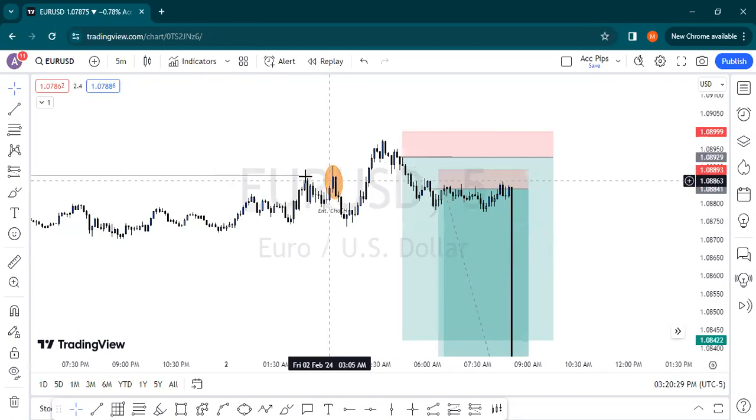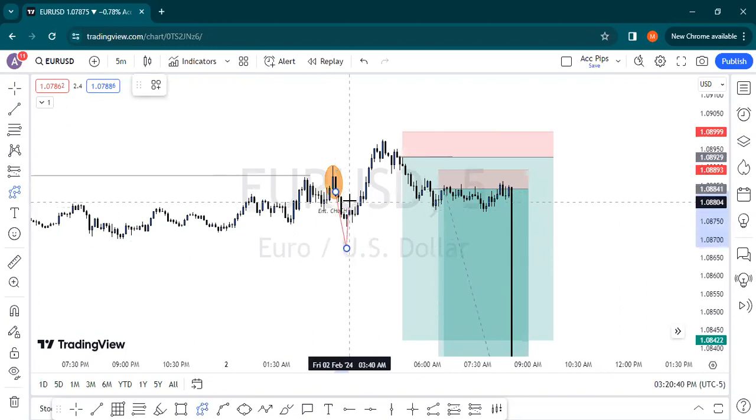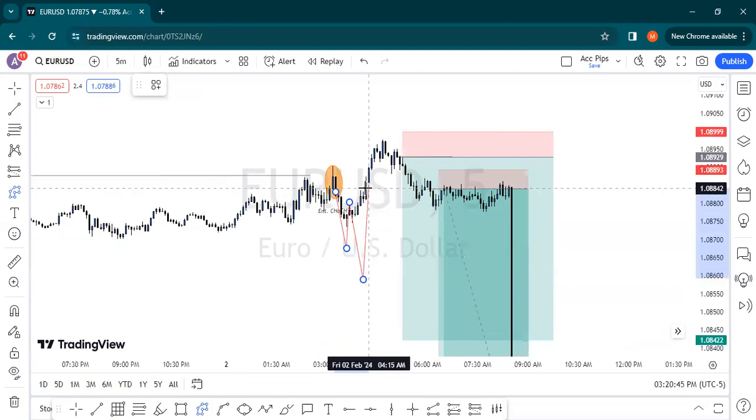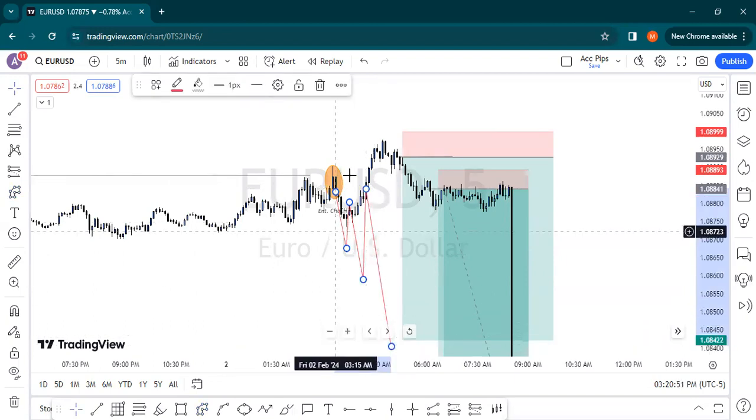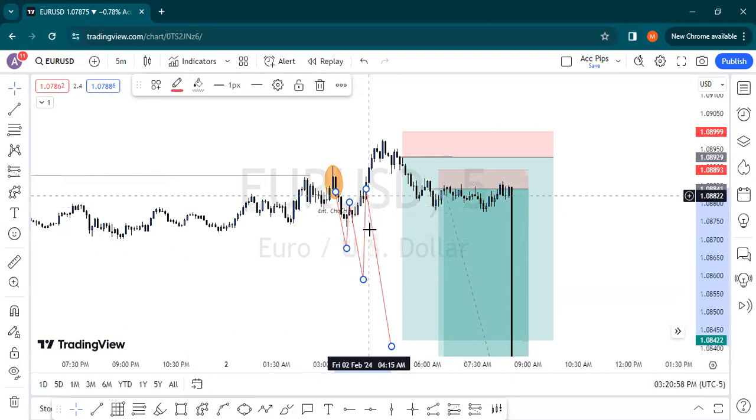Assuming this particular one closes above. In that case, we need price to first create what we call inducement, give it another low before tapping into the zone here. Then that is when we can take a sell. So in a case where there is a candle close, you wait for inducement. You don't just take the trade. After the chop, you wait for inducement before you make the entry.